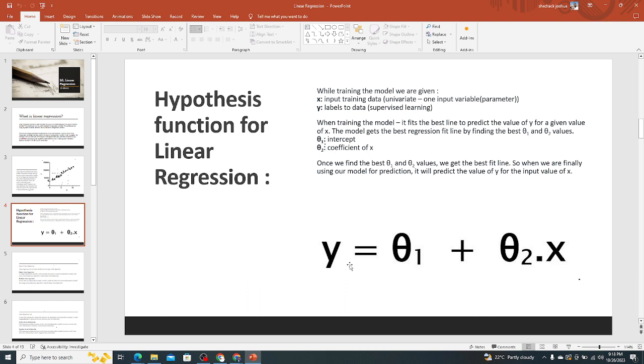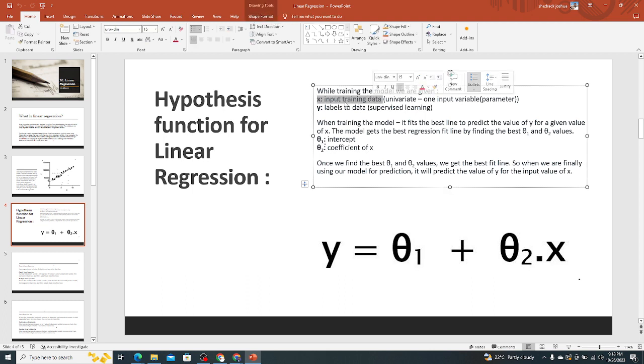So for the hypothesis, we have x. Basically, x is our input data. When you discuss machine learning, you'll term x as training data. You will talk about training data and testing data. Why?